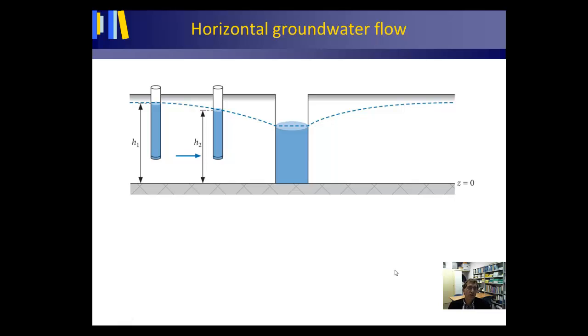So if you have horizontal groundwater flow, this is a ditch, this is a cross section through the landscape of course. We have installed two piezometer tubes with their screens at the same altitude above this reference level. We find that the water flows to a higher level in this tube in comparison to this tube.